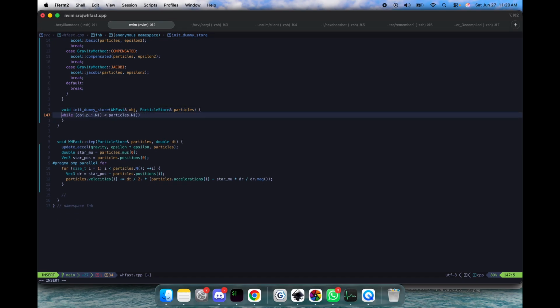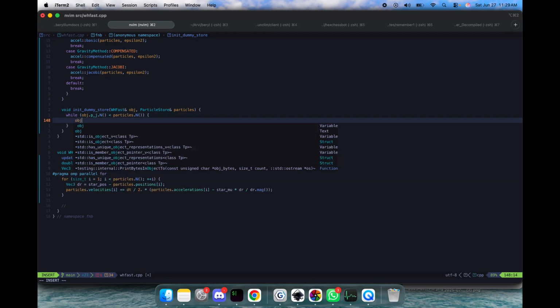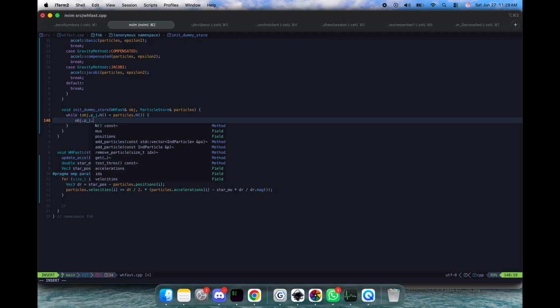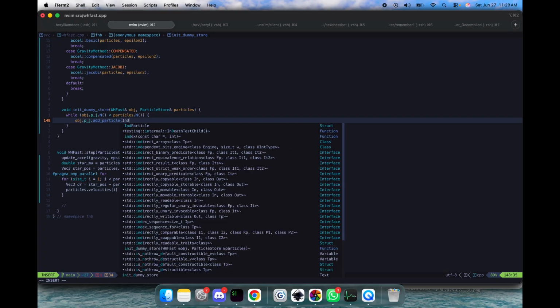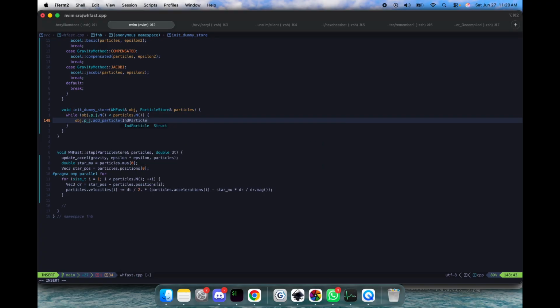Yeah, I'm just gonna keep, we then just say object.pj.add particle, and we just add in the particle, just your default. I do not care that it's all junk. It's all being initialized and used anyway.